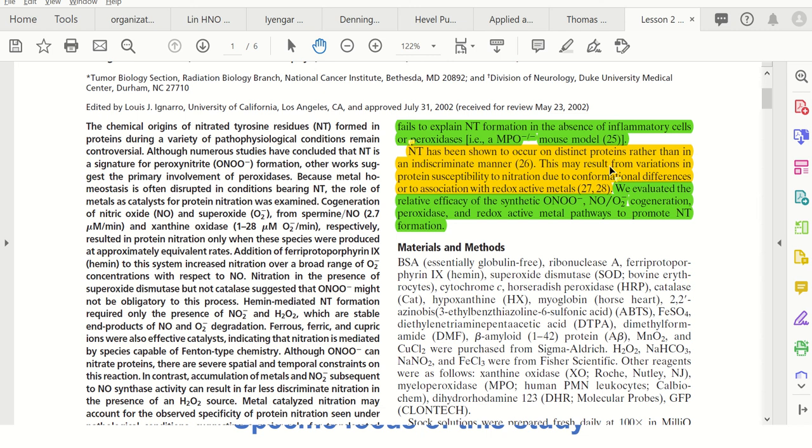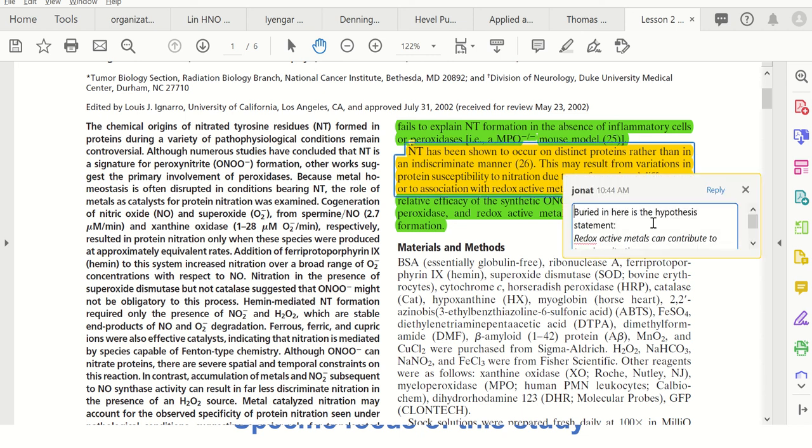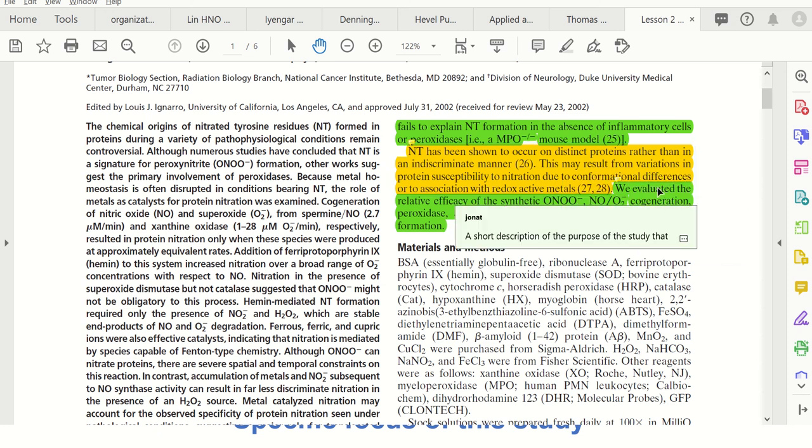You can read it as sort of a guess, and that is basically what a hypothesis is. Other words you may see, "suggest" is a very common one as well. But the hypothesis in here is that redox active metals can contribute to tyrosine nitration. Okay, so that's the hypothesis statement. That's the hypothesis that they will be testing in this paper.